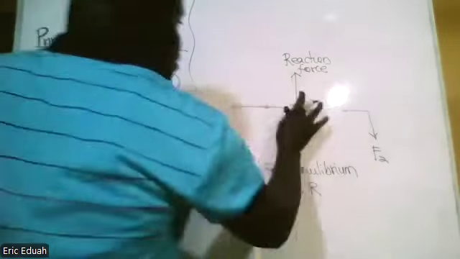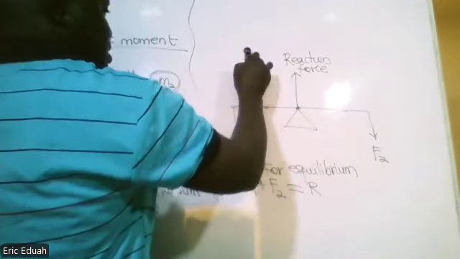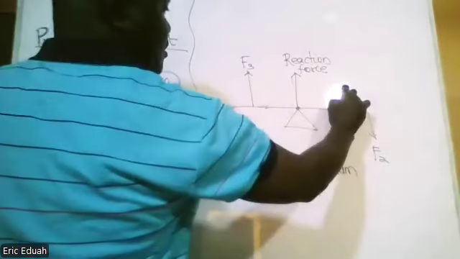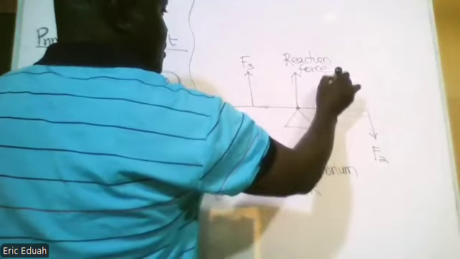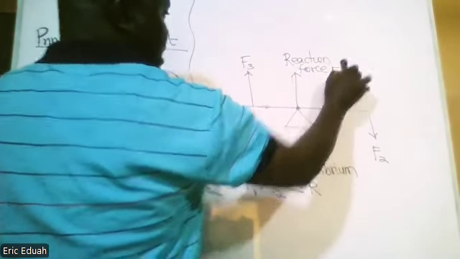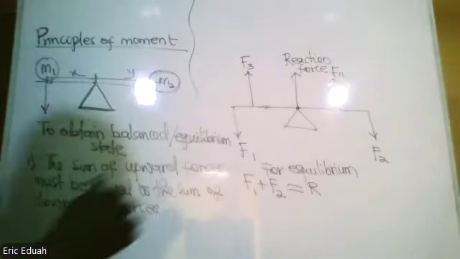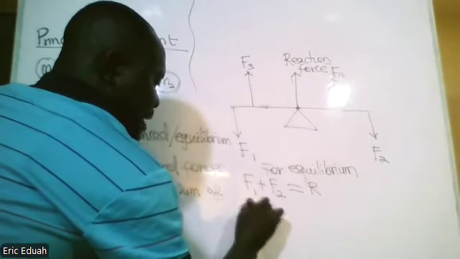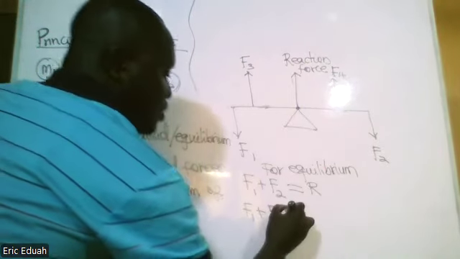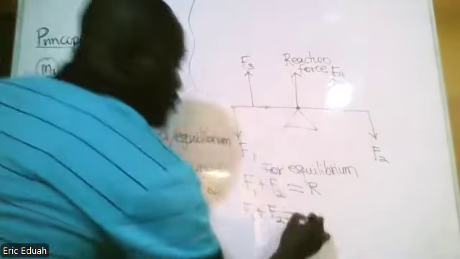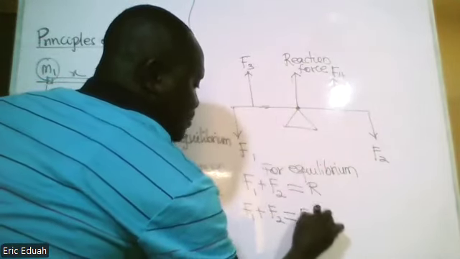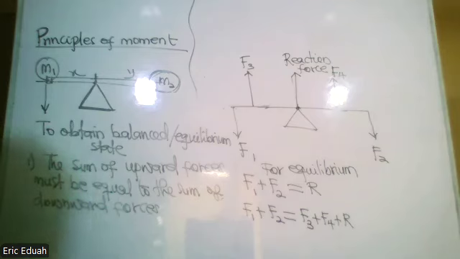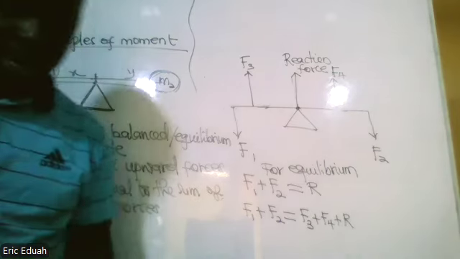Or, assuming we have other forces acting upward, F3 then F4. Also here, we can say that the sum of downward forces, F1 plus F2, must be equal to the sum of upward forces, F3 plus F4 plus the reactional force, for equilibrium to occur.